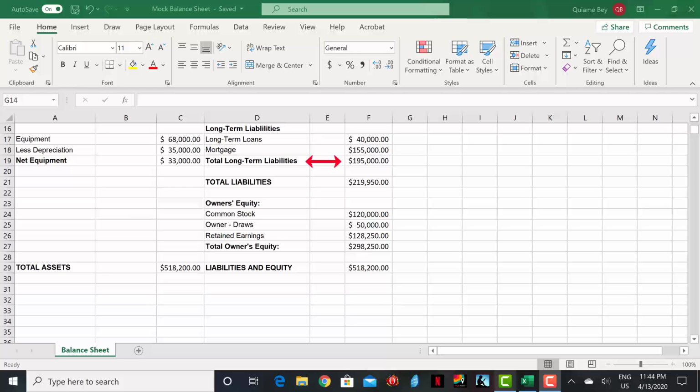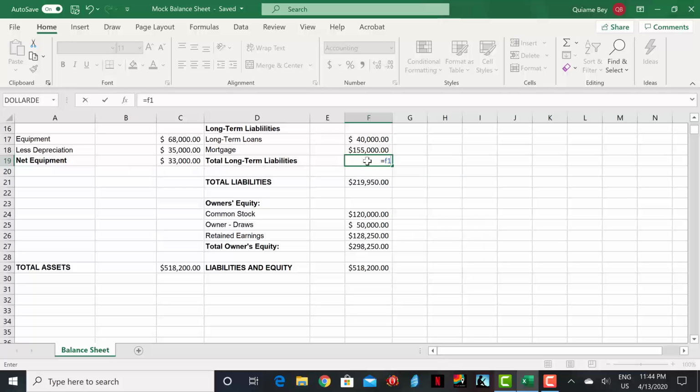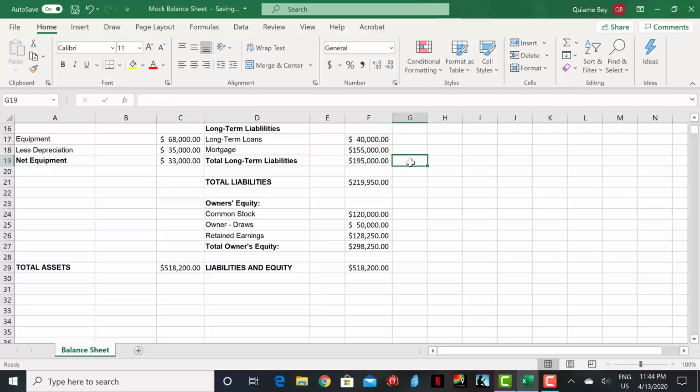Next, we will calculate total long-term liabilities. In cell F19, we will insert the formula equals F17 plus F18. This should give us the value of $195,000.